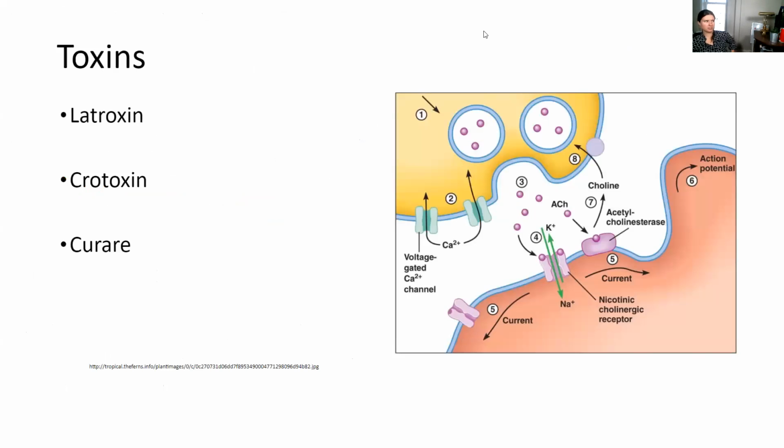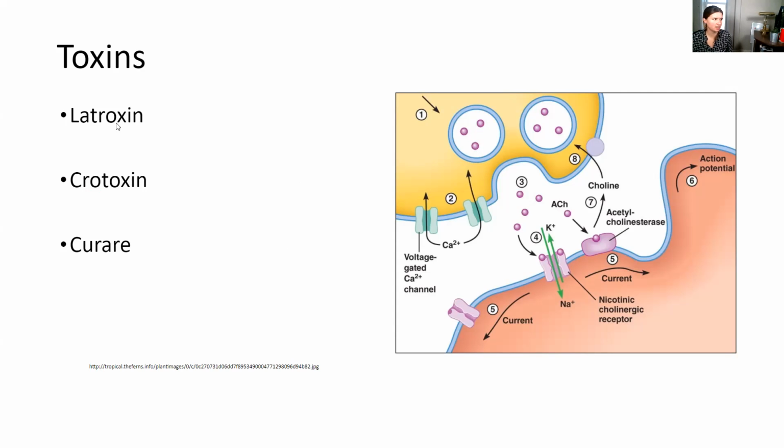So I said we were going to talk for a second about toxins. So toxins are cool but scary, right? Toxins that can paralyze you work in different ways, targeting different parts of this system. So we have 3 toxins here that have effects on the neuromuscular junction.